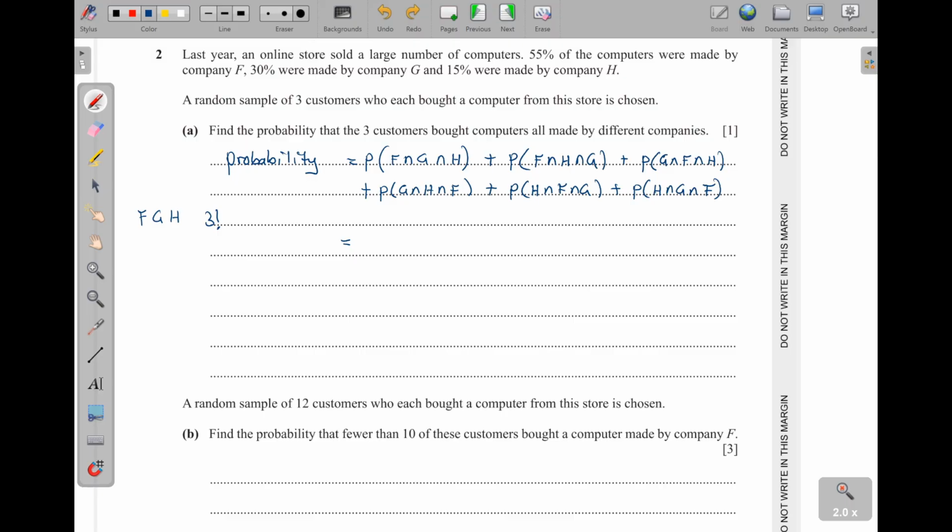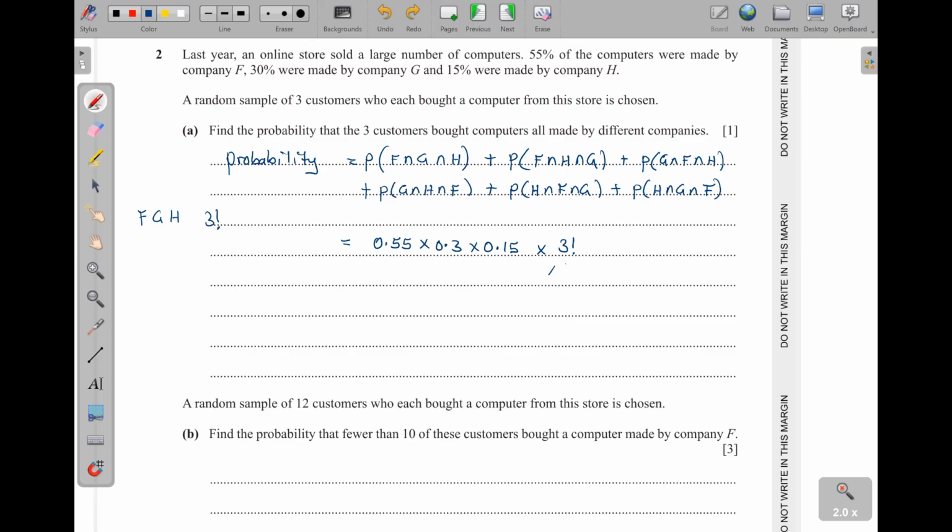So you will find when they have written something like this, 0.55 times 0.3, that is the probability for this one here. And then for H is 0.15. And then they put something like this times 3 factorial. 3 factorial is for the arrangement of all of these. If it is not 3 factorial, then it is the same as saying times 6.